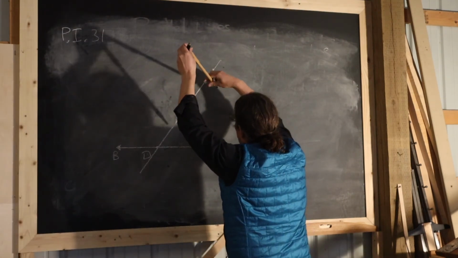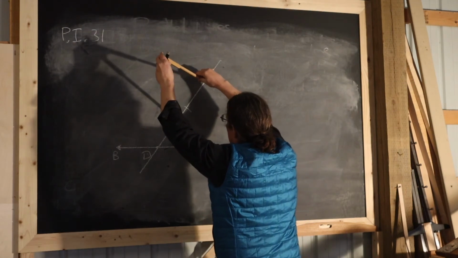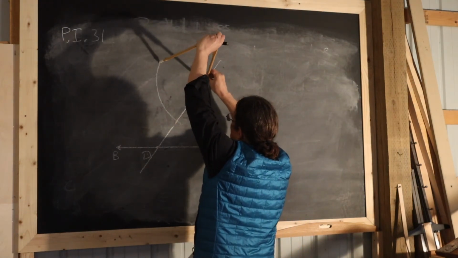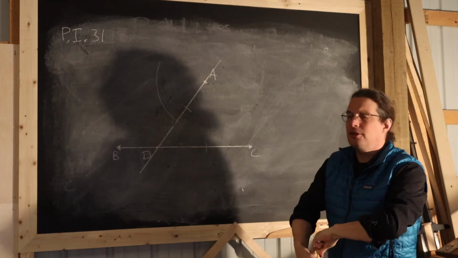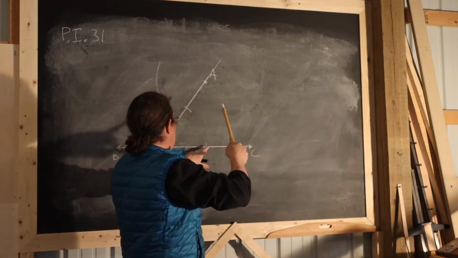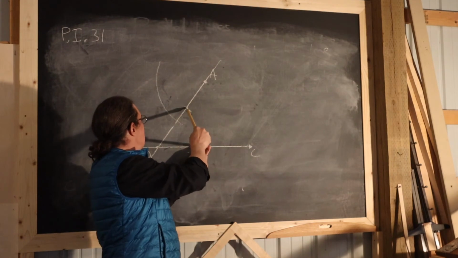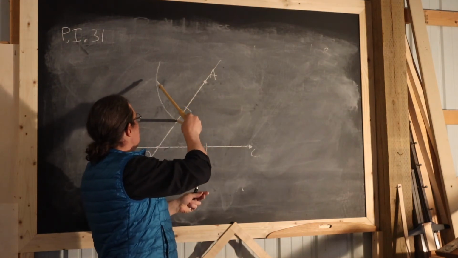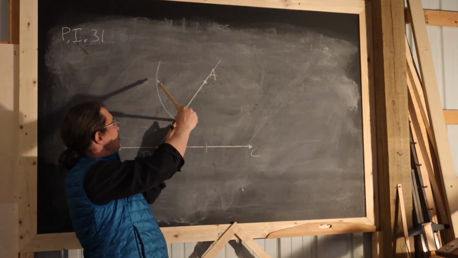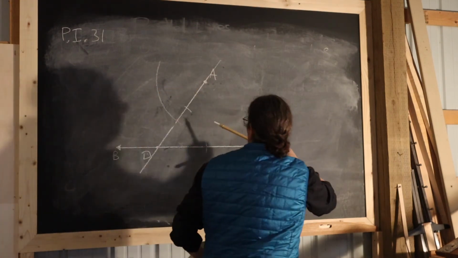Just going to get out of the way here. This is awkward. Swing a big arc like that. And I'm going to measure the distance from this intersection to this intersection. Going to transfer that distance from this intersection. Get out of the way of the camera.